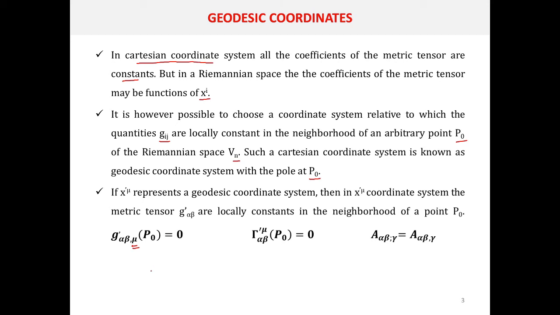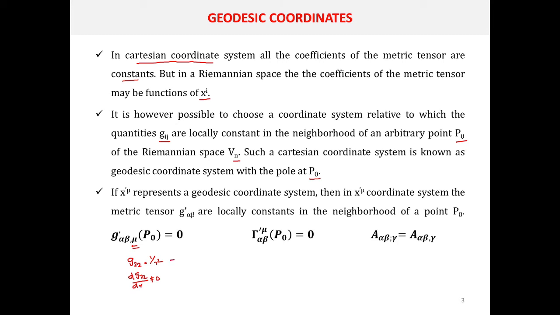In the previous case, we saw that in the spherical polar coordinate system, the value of g22 was 1/r². So if you take the derivative of this coefficient with respect to r, that is ∂g22/∂r, it is not equal to 0.